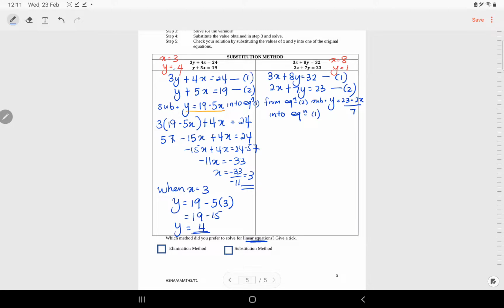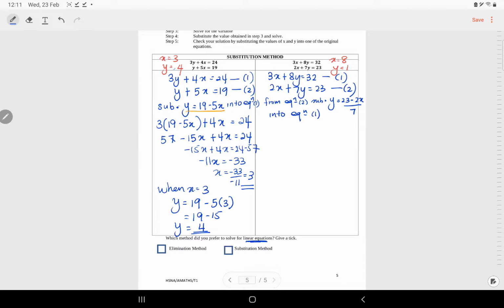Right, so meaning from equation 2 here, I express and I make y the subject. You can pick x or y, but I want to make y the subject. So if I make y the subject, I get 23 minus 2x over 7, and I'm going to substitute that into equation 1, because by doing so all of my variables here, my y here, will be in terms of x.